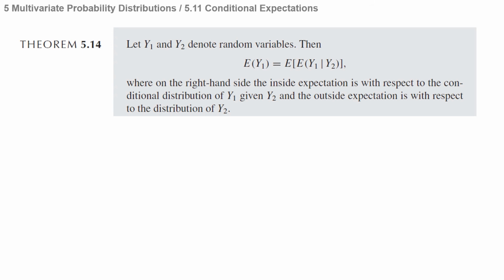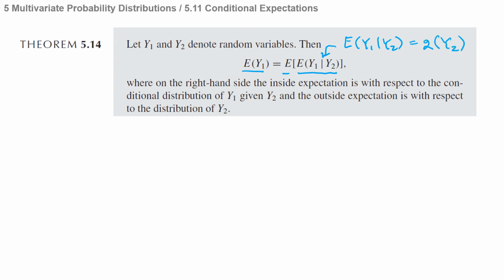Okay, let's move on to theorem 5.14. Let y1 and y2 denote random variables, then the expected value of y1 is equal to the expected value of the expected value of y1 given y2. And actually, from here, it is important to know that the expected value of y1 given y2 is a function of the random variable y2, actually g of y2.